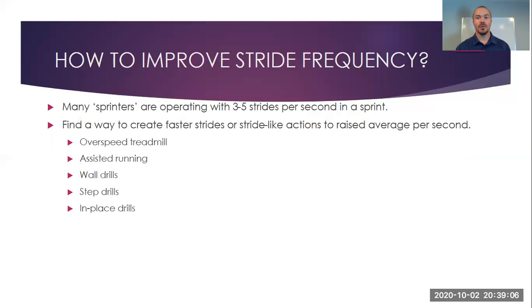Assisted running, so perhaps a big bungee cord tied to the front side of an athlete as they're getting prepared to take off on a run. Some wall drills, so without the stress of gravity and force and propulsion, just doing some movements against a wall gives you an opportunity to practice and potentially reach a faster stride rate per second.